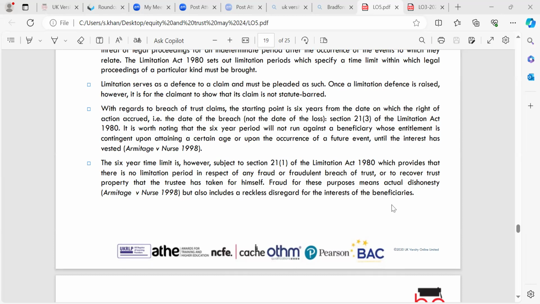So fraud for these purposes means actual dishonesty, as in the case of Armitage v Nurse.